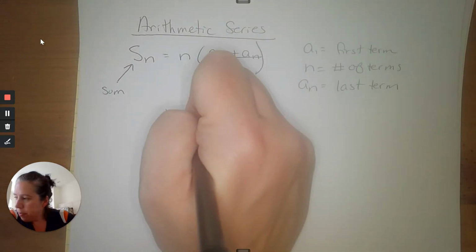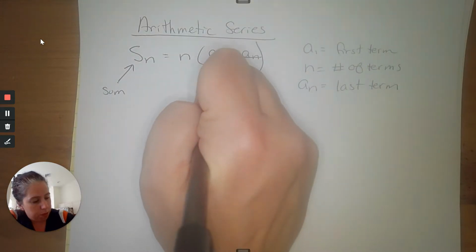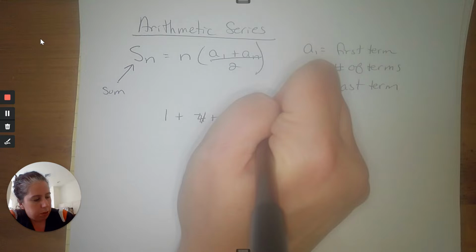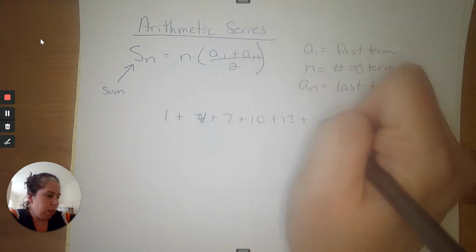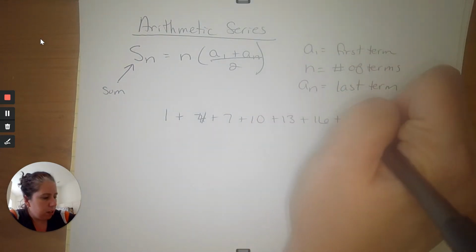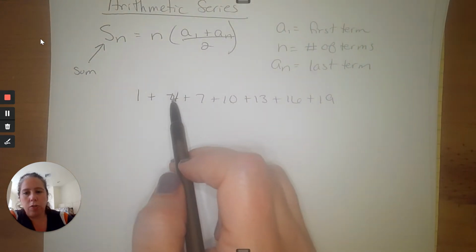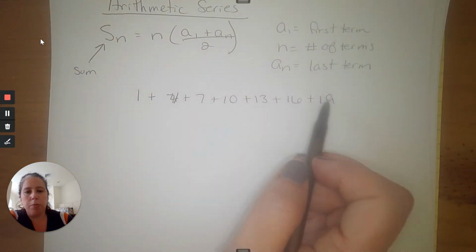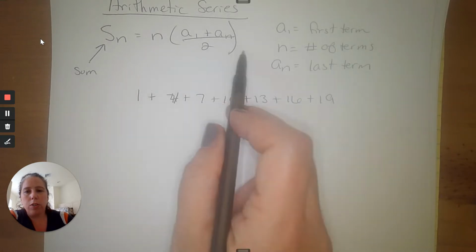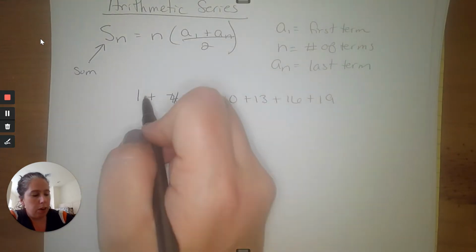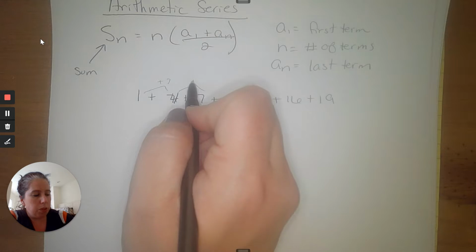So 1 plus 4 plus 7 plus 10 plus 13 plus 16 plus 19. I'm going to show you that it works. I can add these all up to find the sum, or I can use this arithmetic series formula, because that's plus 3.